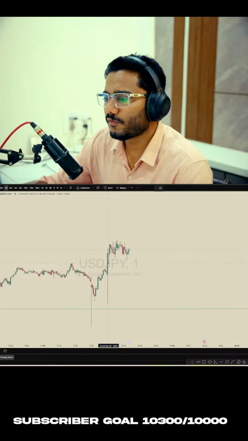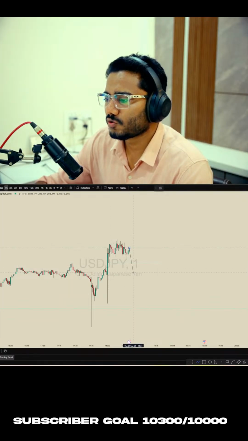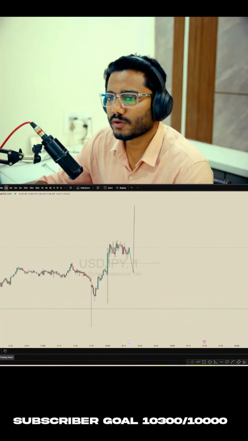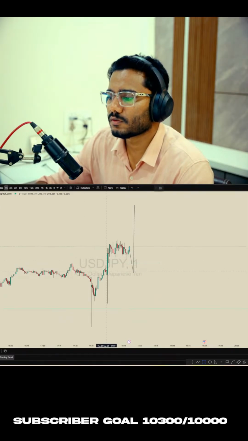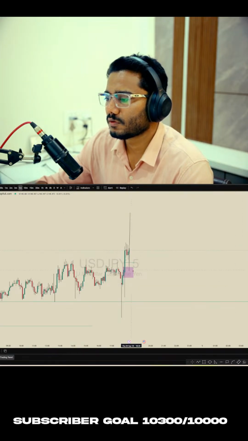So let's wait for price to sweep this liquidity, and it should tap this order block and then it should continue. So you can look for entries from some of this area like this. If you look at 5 minute, then there is a breaker block, another block to the downside.